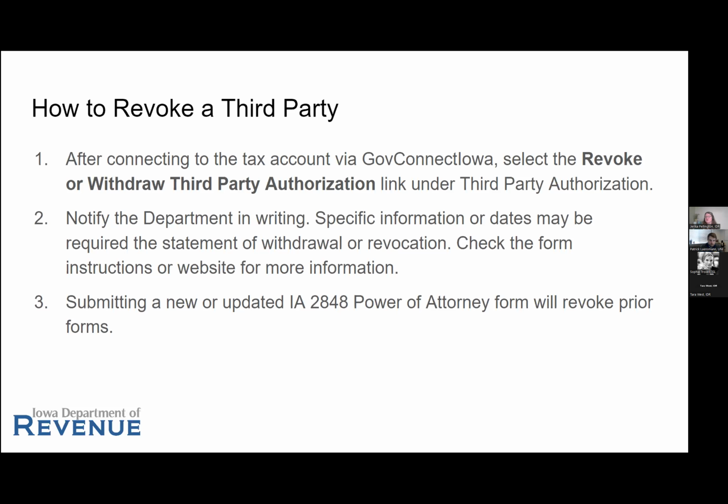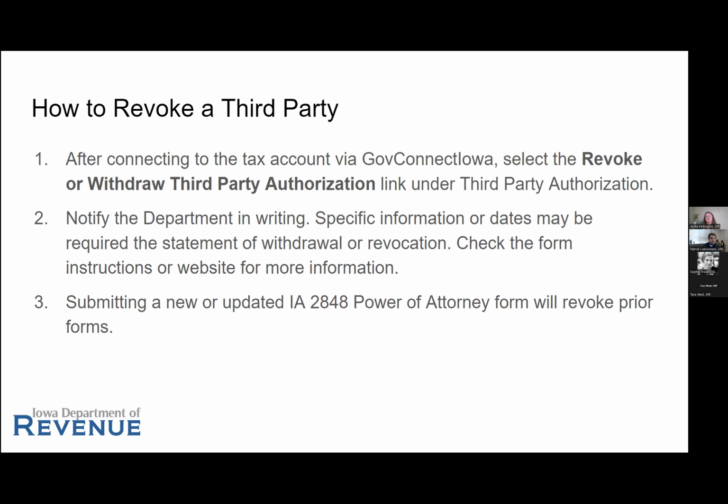And then another piece to keep in mind is, can you accidentally revoke someone? The answer is that you possibly could. So it's important to note that when a new Iowa 2848 form is submitted, all prior Iowa 2848 forms are revoked.